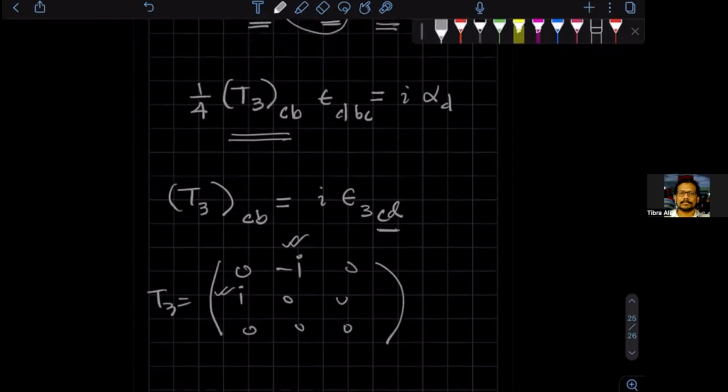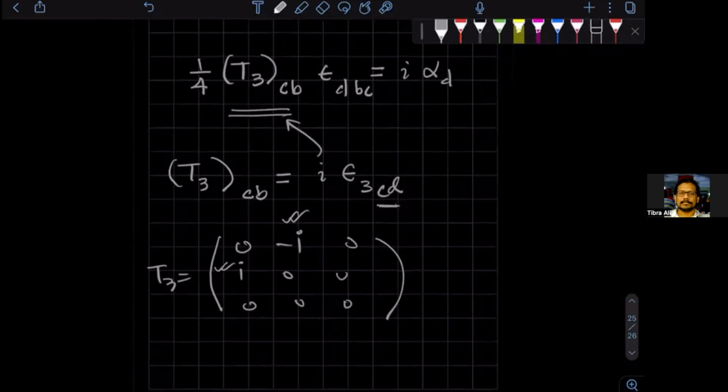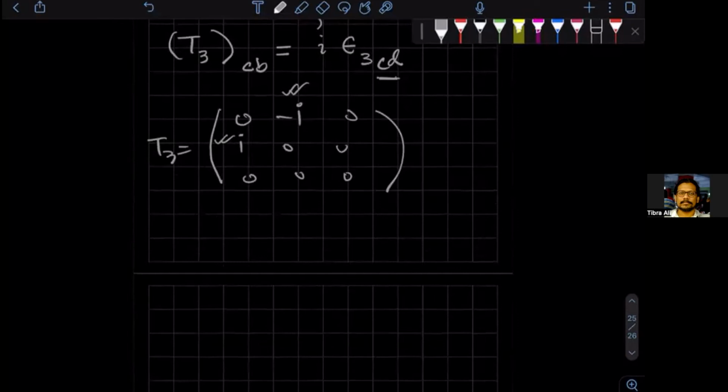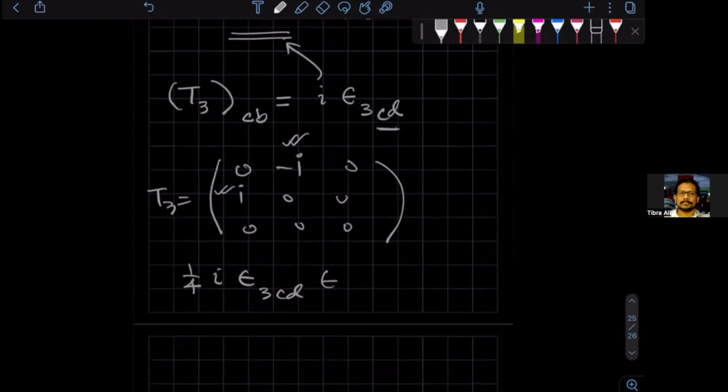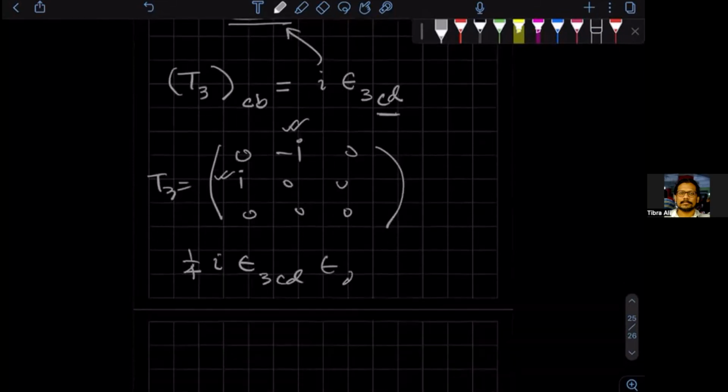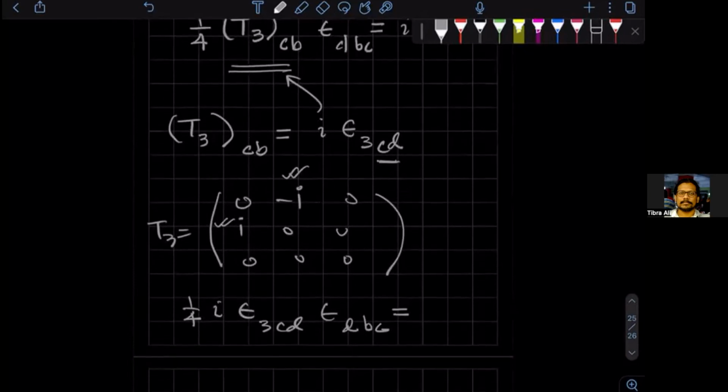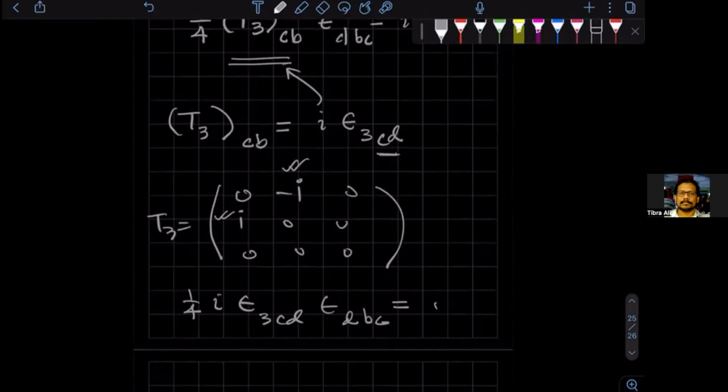So if I now plug this expression of T3 into this equation, then I get 1/4 of i epsilon 3 CD epsilon D BC, and that's going to be equal to i alpha D.